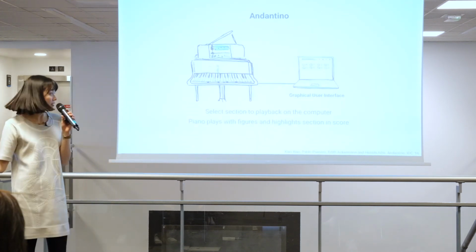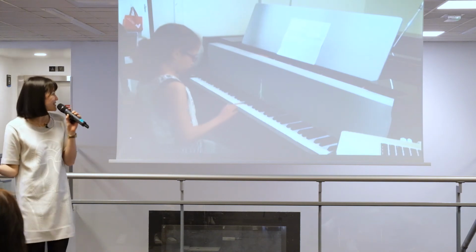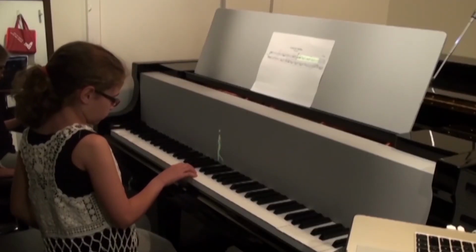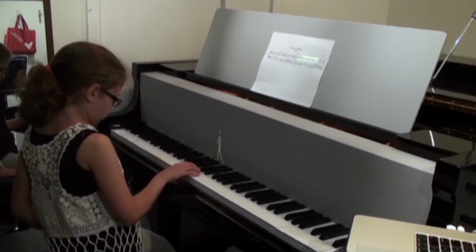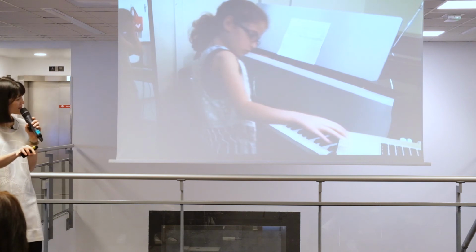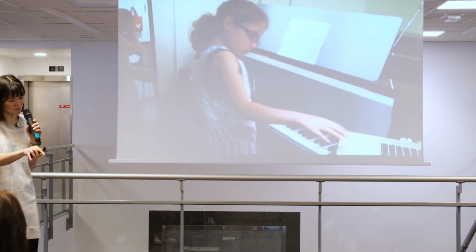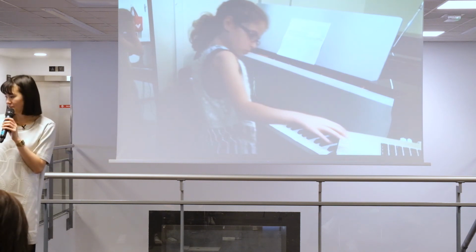And here are some videos from some lessons. What's quite interesting here is I really like how she put her hand onto the keys, to not just hear and see, but also feel how it would go.